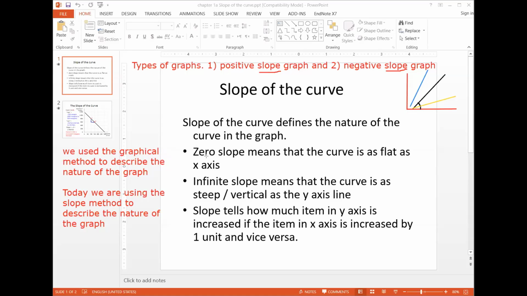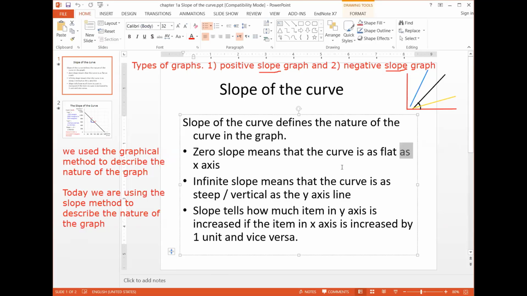The slope of the graph defines the nature of the curve. If the answer of the slope is zero, it means that the curve is flat and similar, or parallel, to the x-axis.